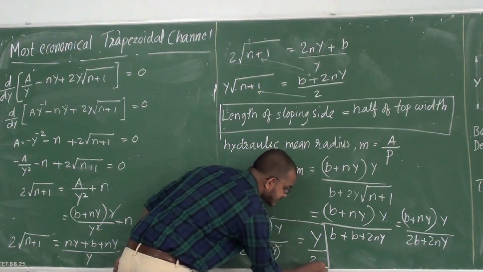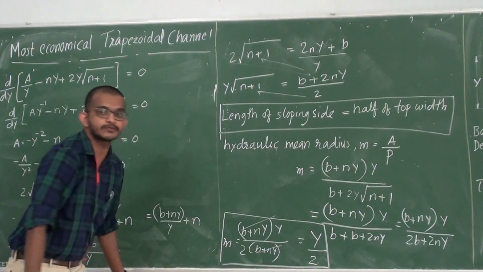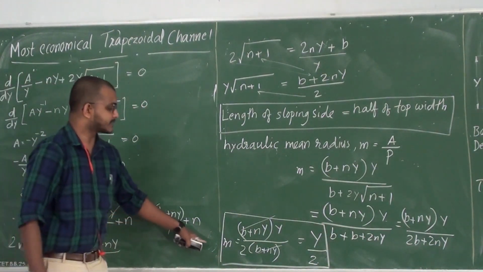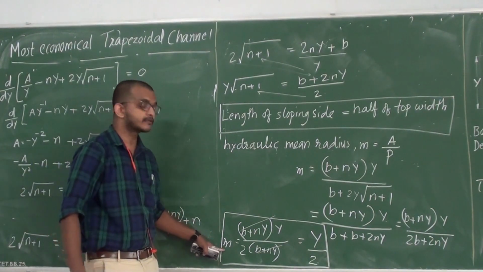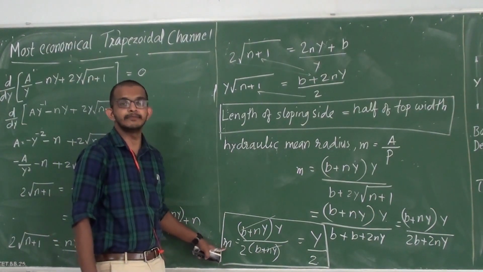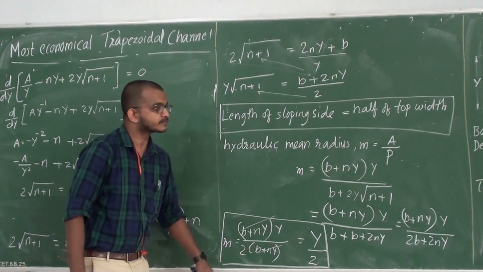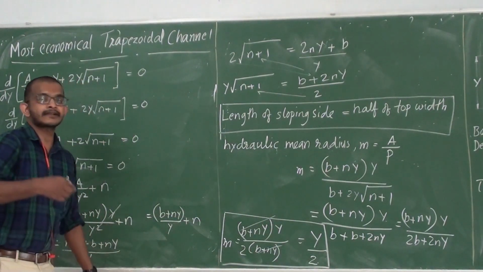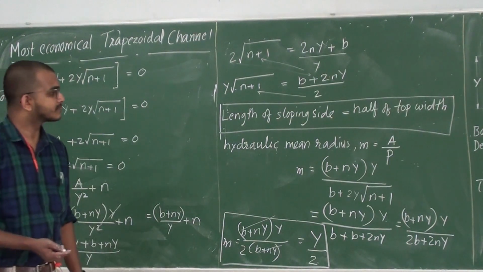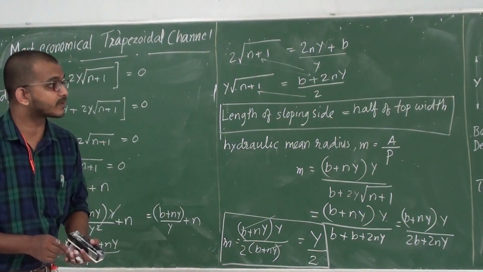So this is the second condition for the channel section to be the most economical one. When the channel is most economic, then the hydraulic mean radius m is equal to depth of flow by 2, y by 2. Now let us derive a third condition for the trapezoidal channel section to be the most economic one.